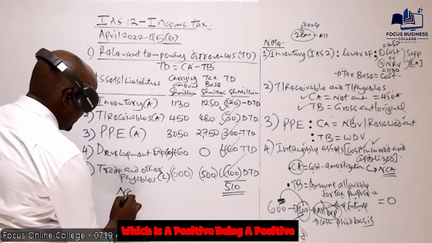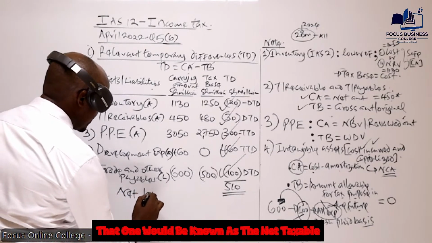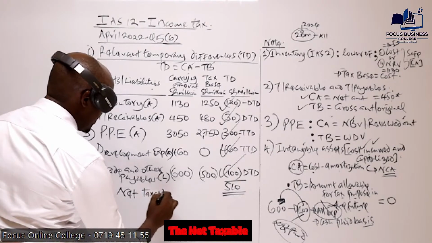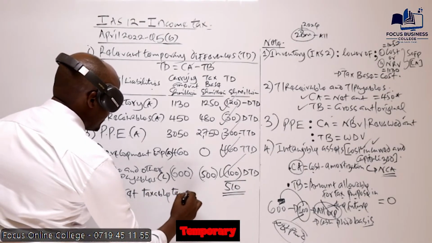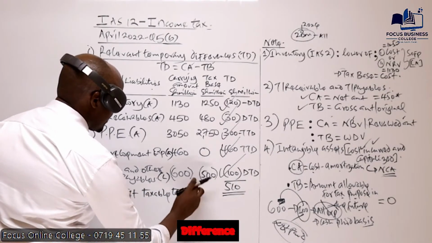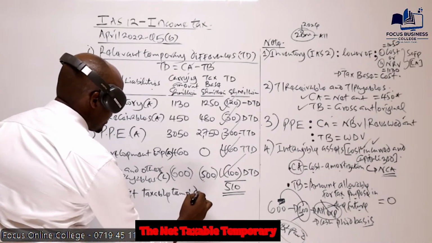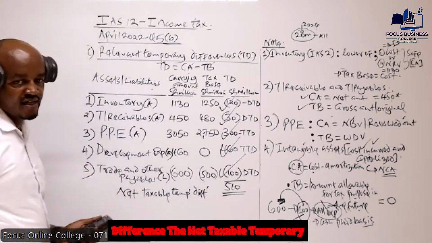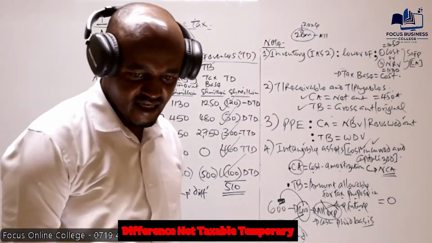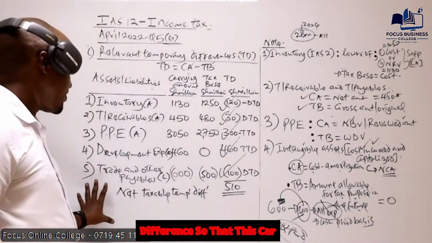Being a positive, that one would be known as the net taxable temporary difference. So that is basically what was required.